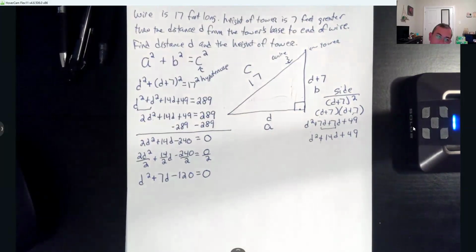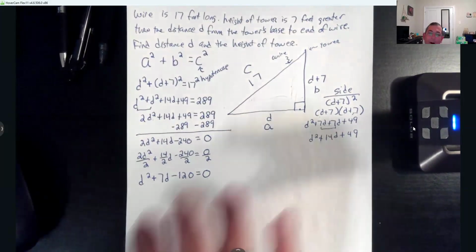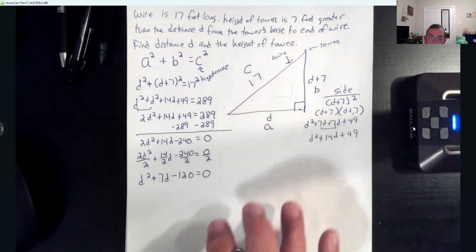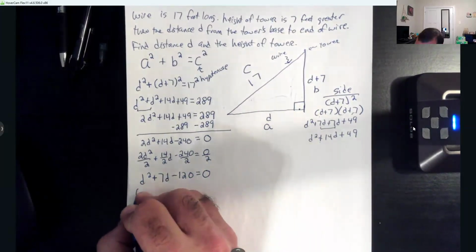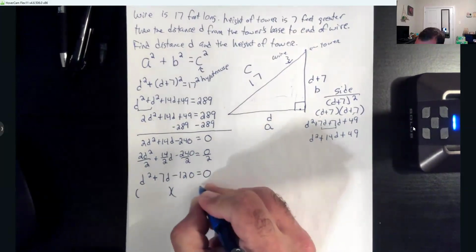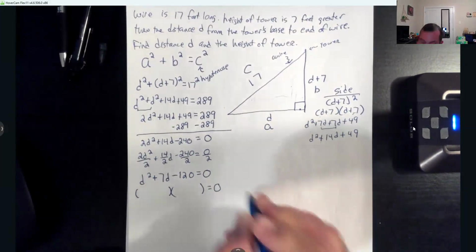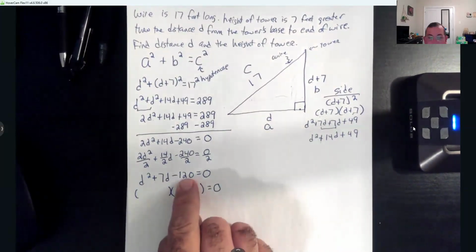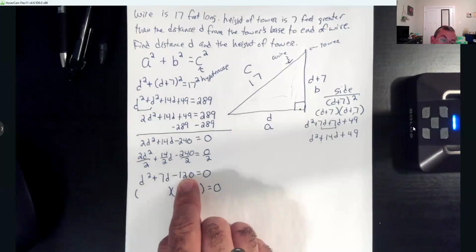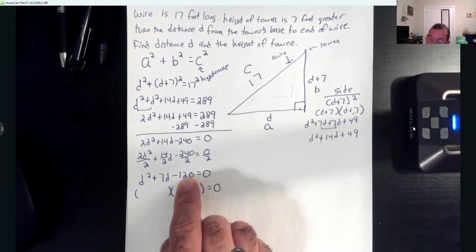Now, y'all, here's the thing. All of these ones will factor. Now, the factors of 120 are hard to figure out in your head. So let me show you how I figure out the factors of 120.